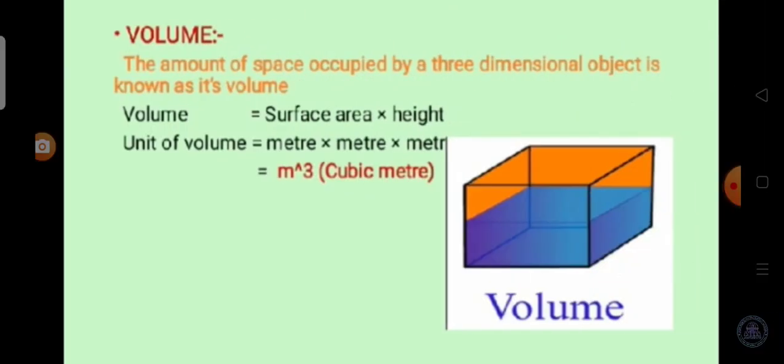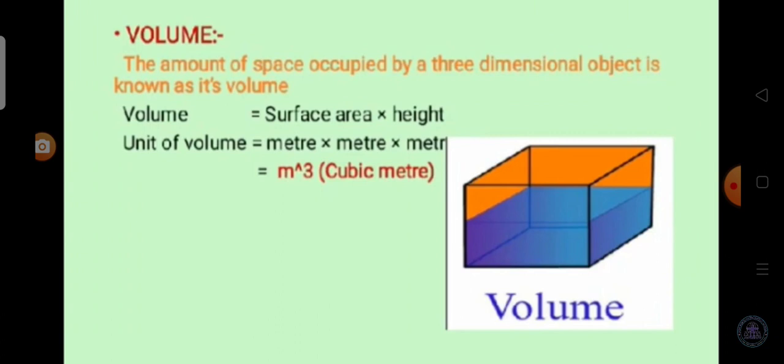Now we see the next chapter, volume. The amount of space occupied by a three-dimensional object is known as its volume.